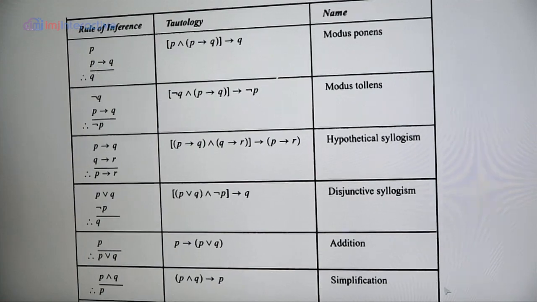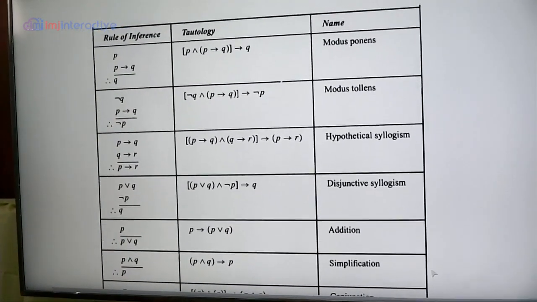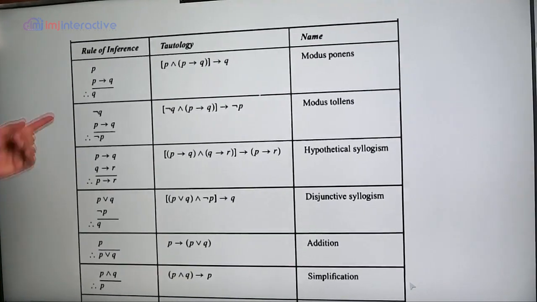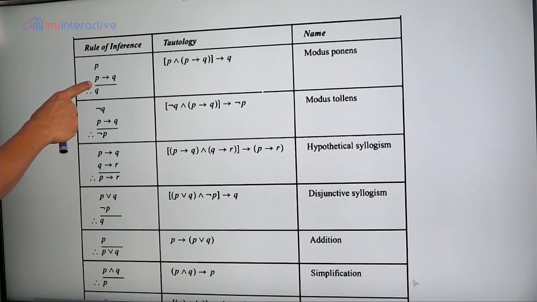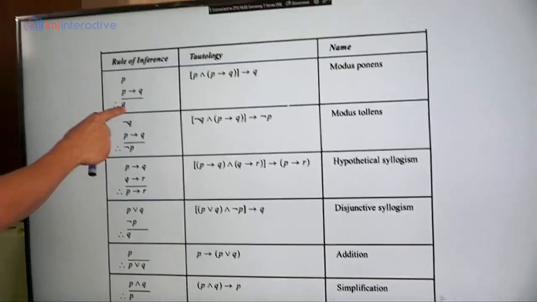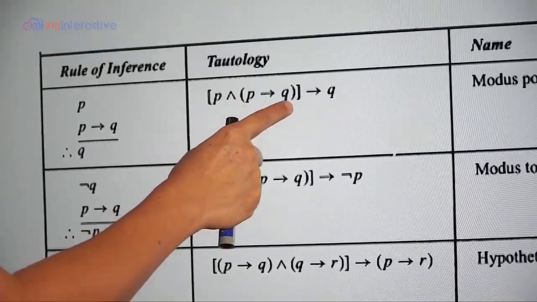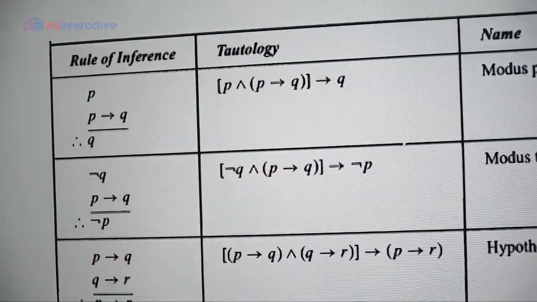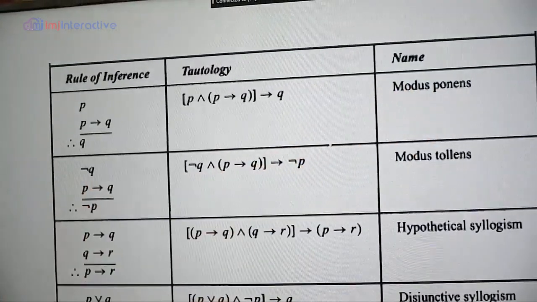This is the first one. We call this modus ponens, or simply affirming the hypothesis. It says here, if P is true, and P then Q is true, therefore Q. So P and P then Q, therefore Q. Affirming the hypothesis. The name is modus ponens.